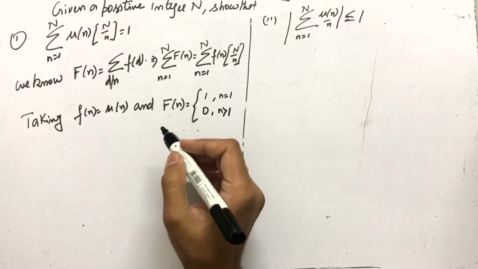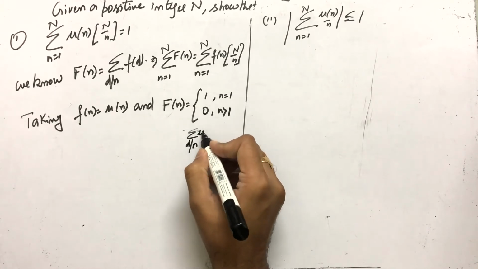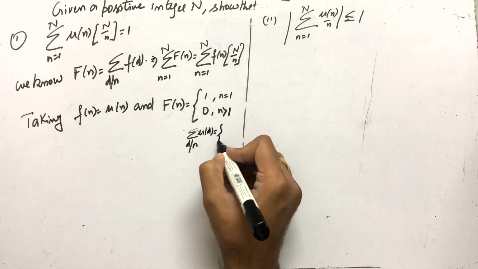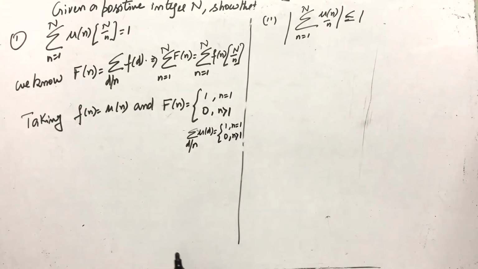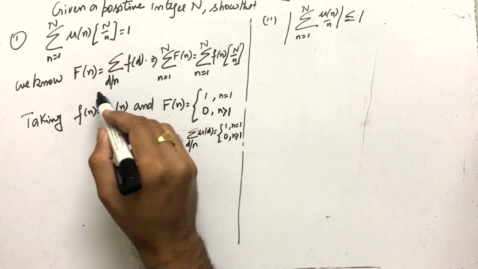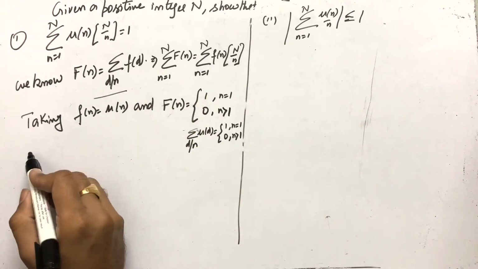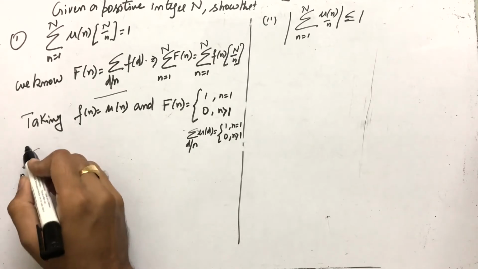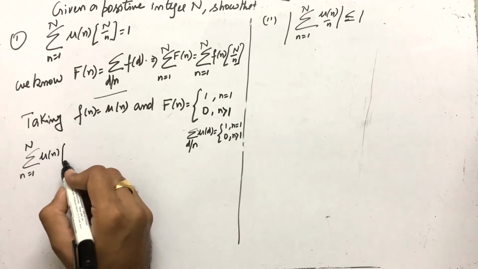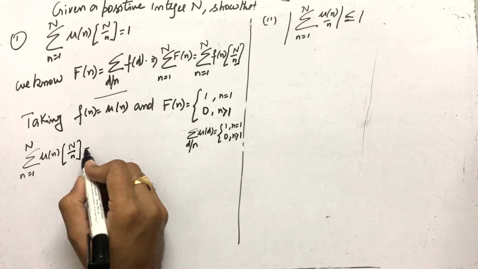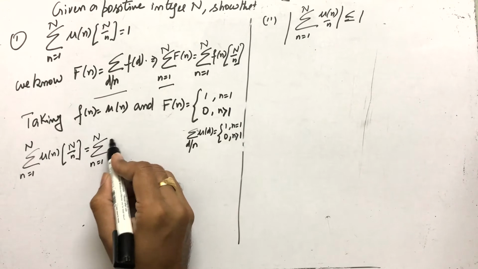Very easily we can verify that, as we know that the summation over d dividing n of mu(d) is equal to 1 for n equal to 1 and 0 for n strictly greater than 1. So that will justify this, and if this is true we can write this result: summation n from 1 to capital N of mu(n) times the greatest integer of N by n equals the summation n from 1 to capital N of F(n).